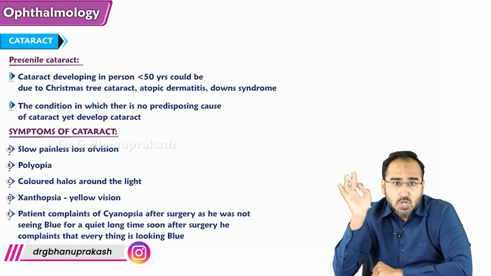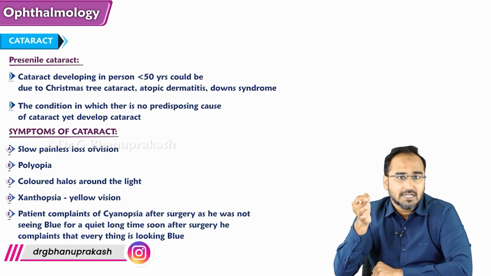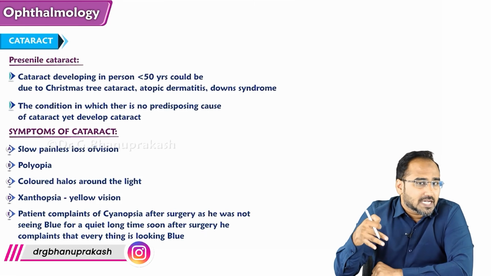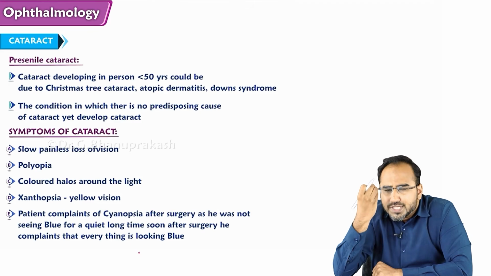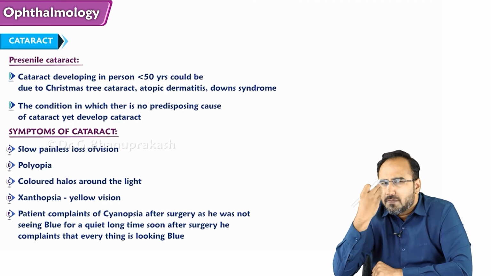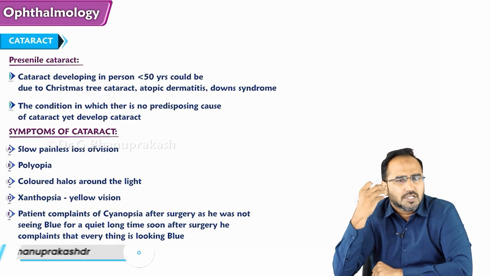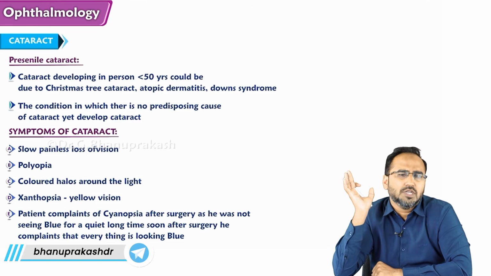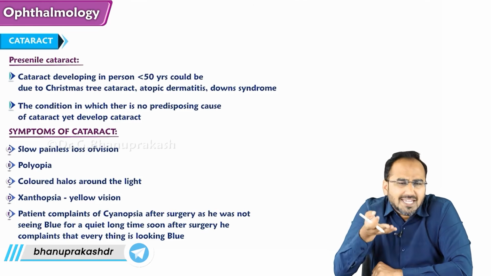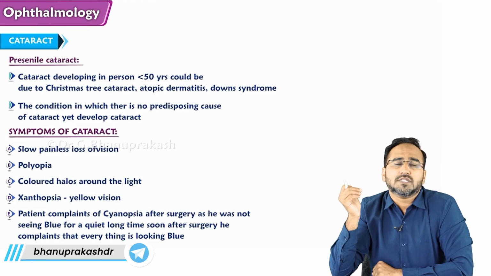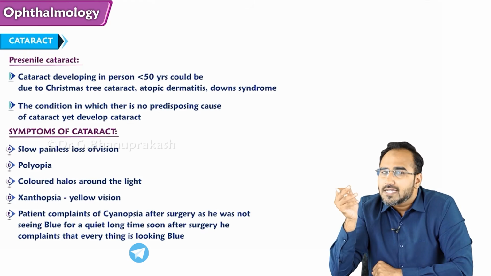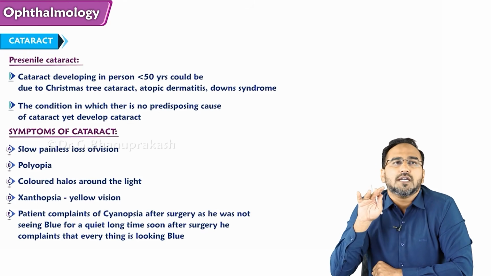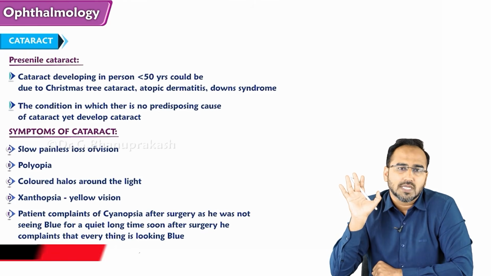Okay? So remember, during cataract the patient complains of xanthopsia, and due to this feature, if you do surgery in this patient, remove the cataract lens and place a new intraocular lens, immediately after surgery the patient complains of what? Cyanopsia. That is, what is cyanopsia? Now he will tell that everything is appearing to be bluish to me.